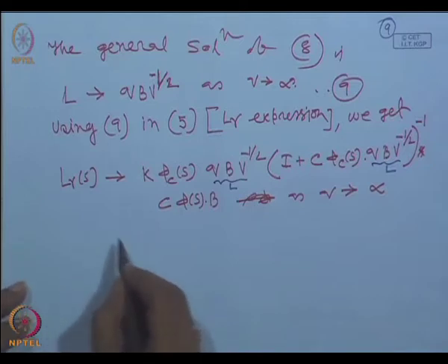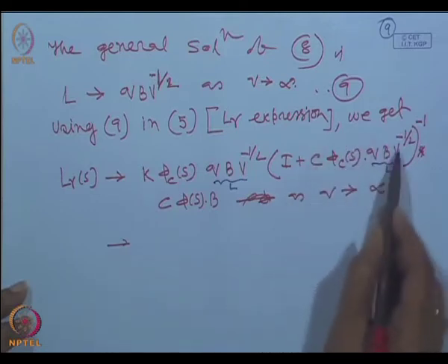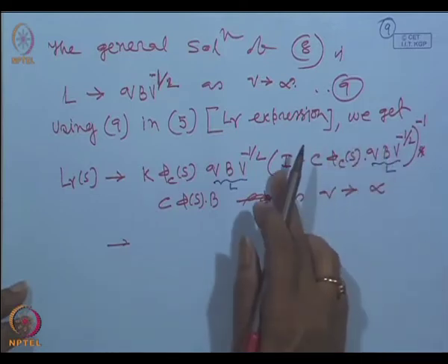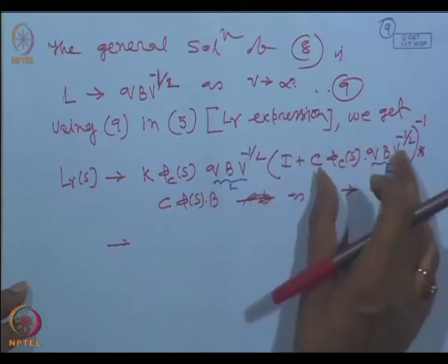Since this is a large quantity compared to 1 in the diagonal elements, we can neglect the 1 compared to this one.